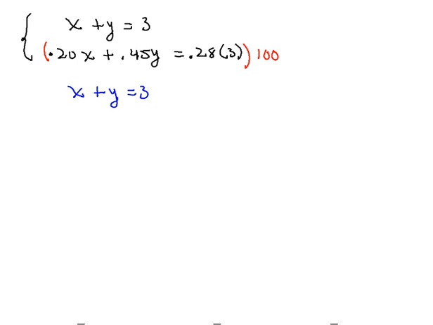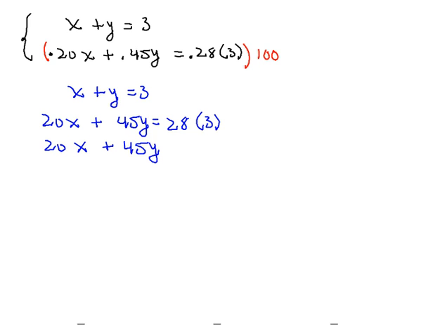And then the second equation turns into 20x plus 45y is equal to 28 times 3. And if we simplify a bit more on the right hand side, we'll have 20x plus 45y is equal to 84.